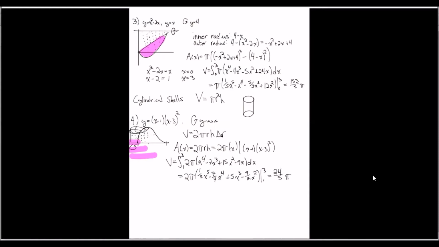In this case, a cylinder is better because the function itself is defining the 2 radiuses that you would use for a circle, which is problematic. So we used cylinders instead, so we could use the y values rather than the other direction. So let's look at our final example here.